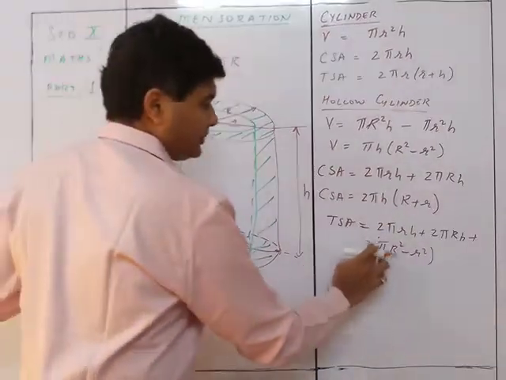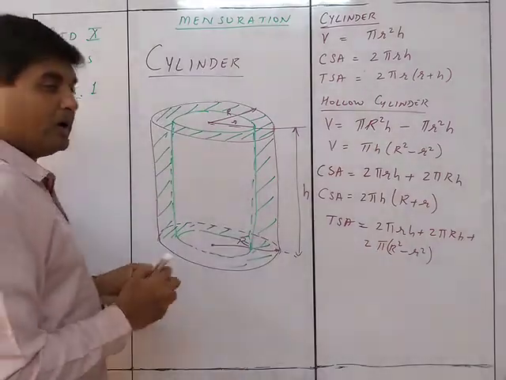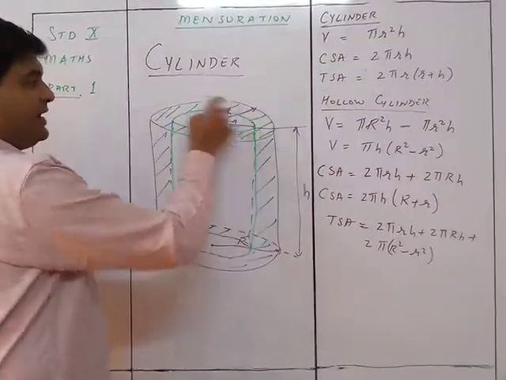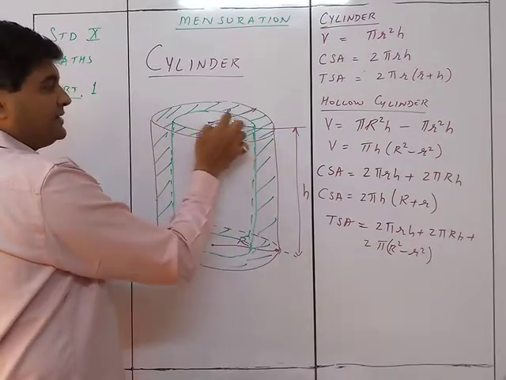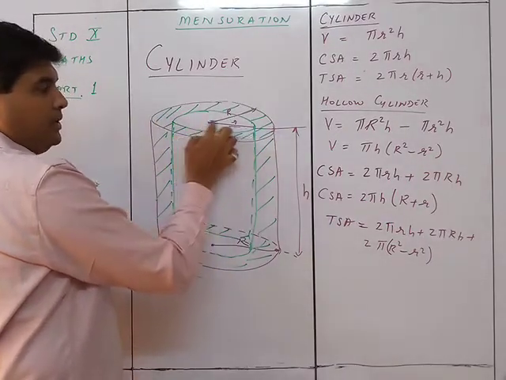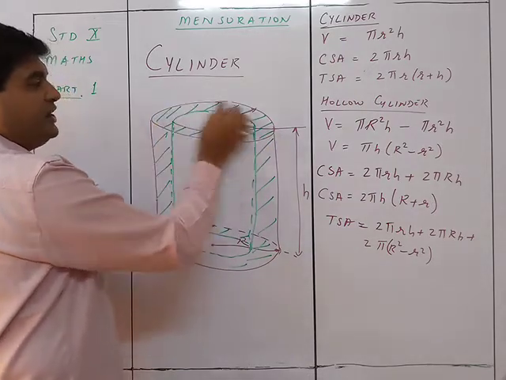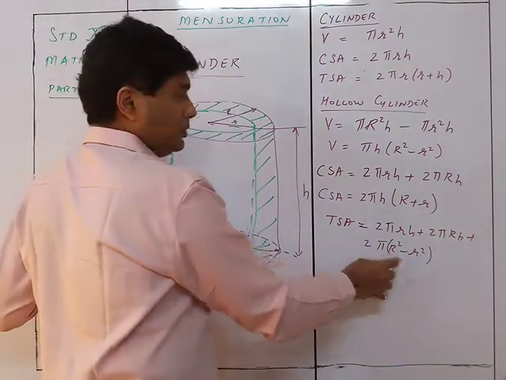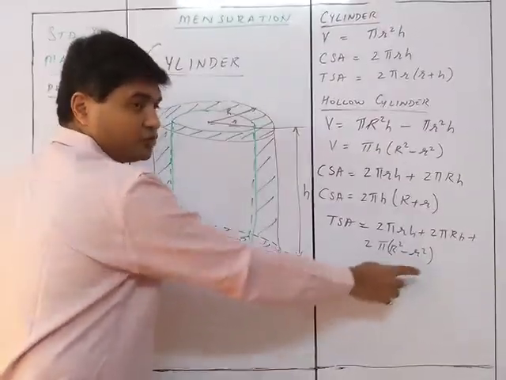Sorry, 2 pi (R square minus r square), because that is nothing but the ring. What is the ring? Ring is nothing but the outer circle, that is pi R square, minus the inner circle pi r square. Pi R square minus pi r square is the green shaded area on the top part. There is also the same thing at the bottom. That's why 2 pi (R square minus r square).